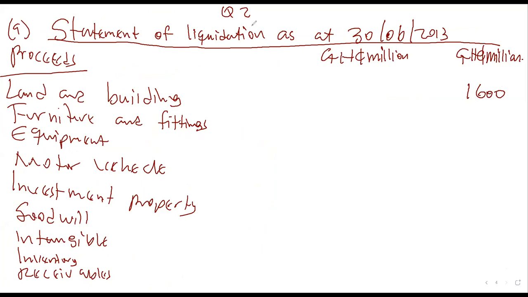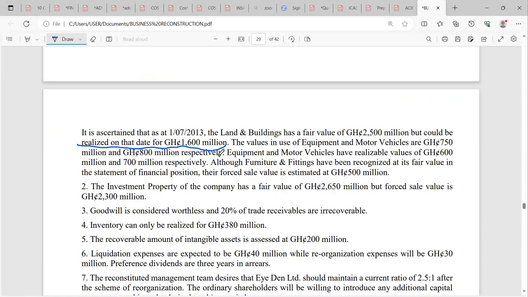Now move again to the storyline. The values in use of equipment and motor vehicles are 750 million and 800 million respectively. No problem. Equipment and motor vehicles have a realizable value, NRV. NRV comes before value in use, so therefore we'll take NRV.